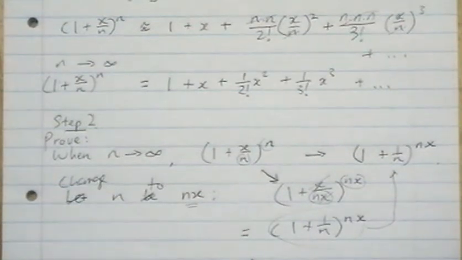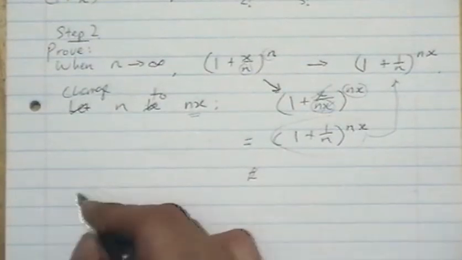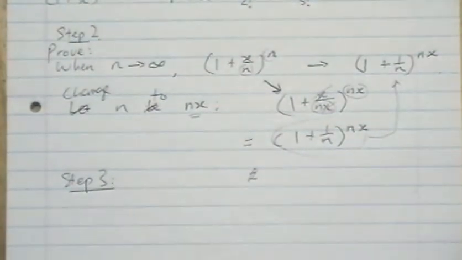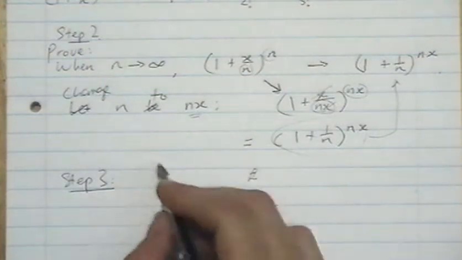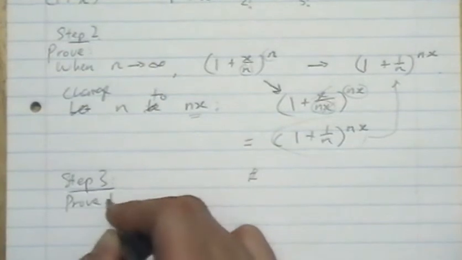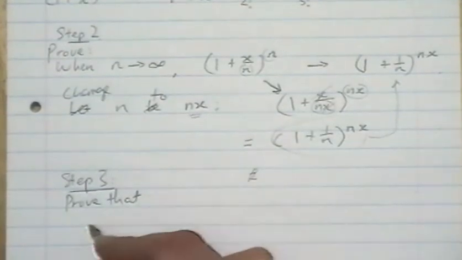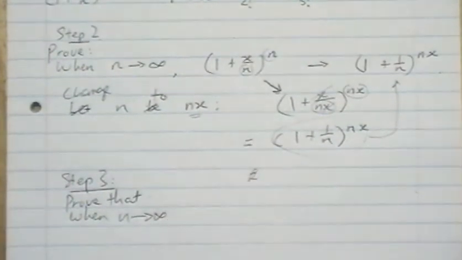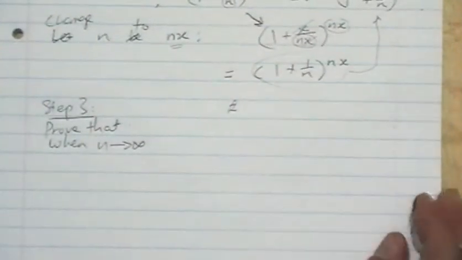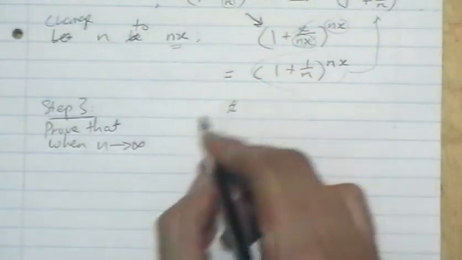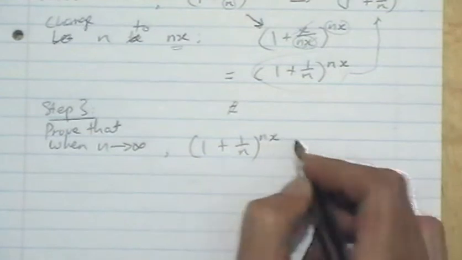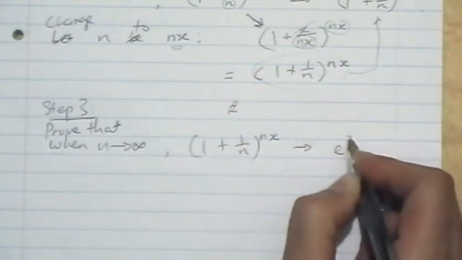And in step 3, I want to prove that when n goes to infinity, this expression, 1 plus 1 over n to the power of nx, goes to e to the power of x.